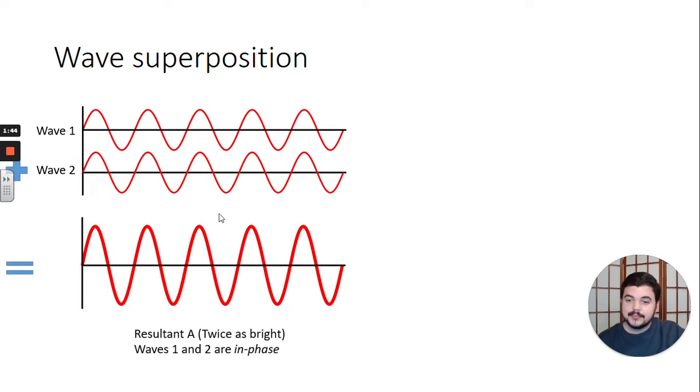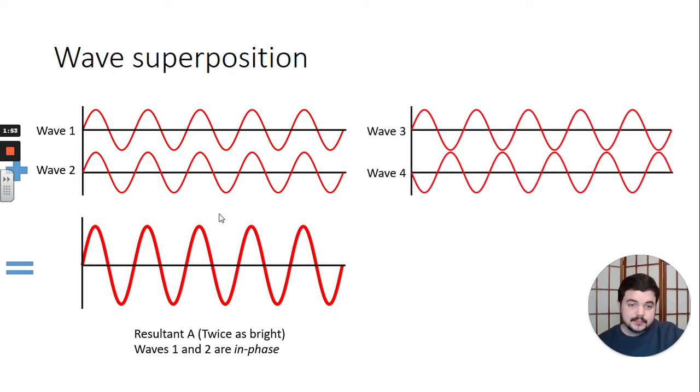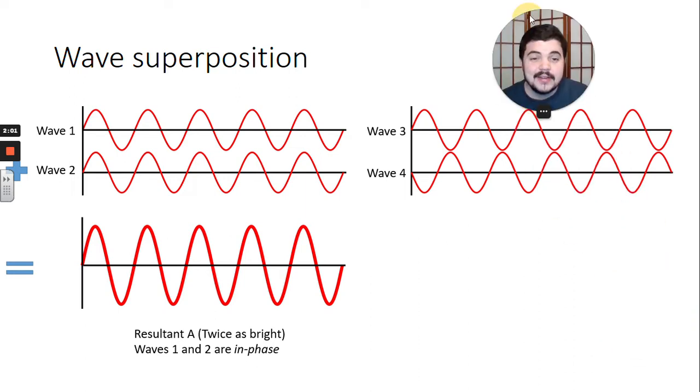The resultant here is twice as bright because waves 1 and 2 are in phase. Sometimes though, you go to add two light waves together, like waves 3 and 4 here, and those light waves are not in phase.